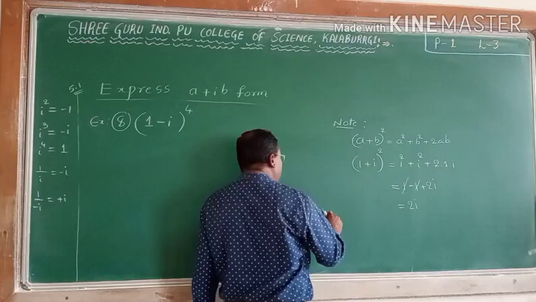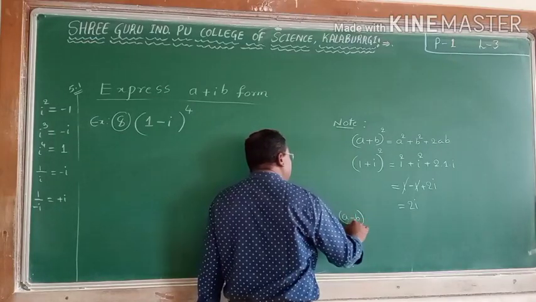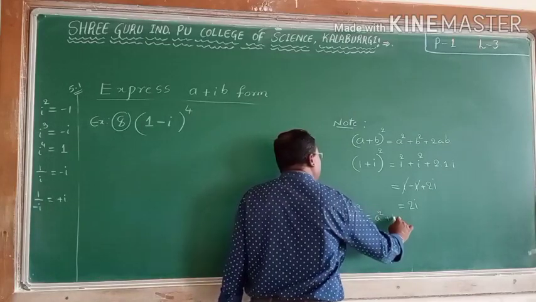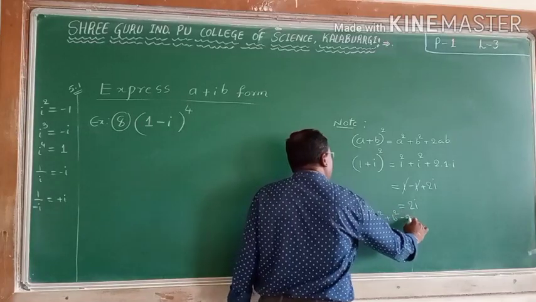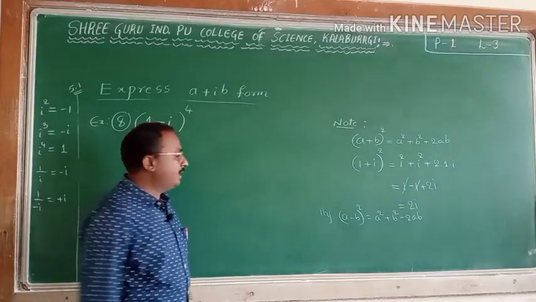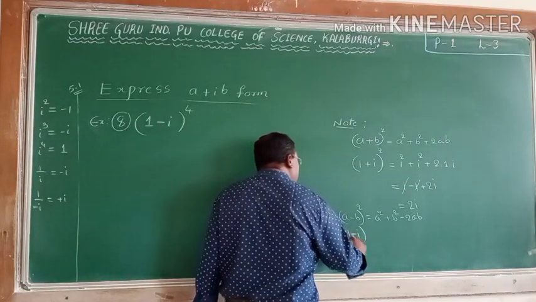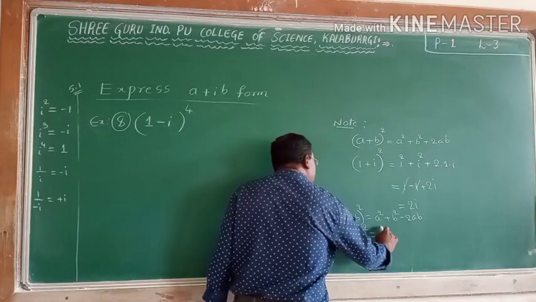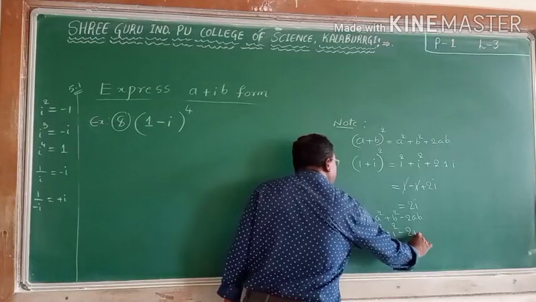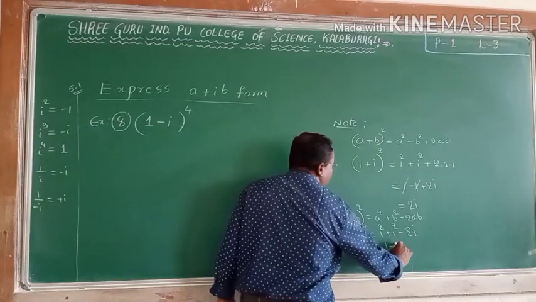Similarly, a minus b whole square value is a square plus b square minus 2ab. Here 1 minus i whole square value is 1 square plus i square minus 2ab. i square value is minus 1.